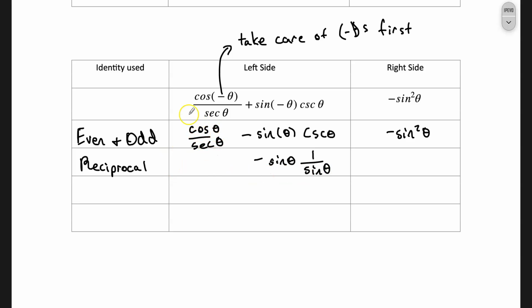And I skipped over this because one thing that we can do in our mind is to separate these out. And if you notice, this is 1 over secant times cosine, so we can change the 1 over secant to just cosine. So this becomes cosine theta times cosine theta. So our sines cancel out, but our cosines become squared.